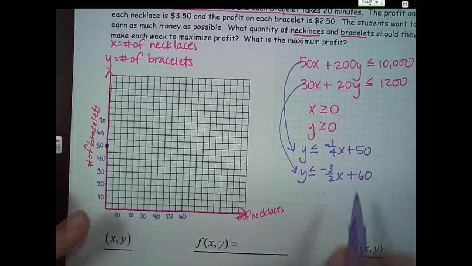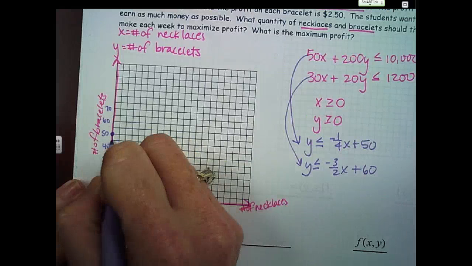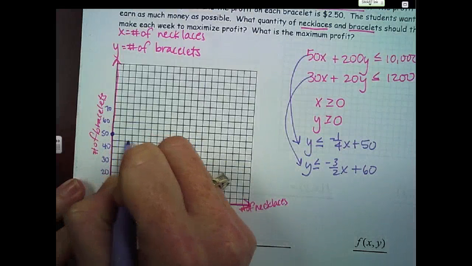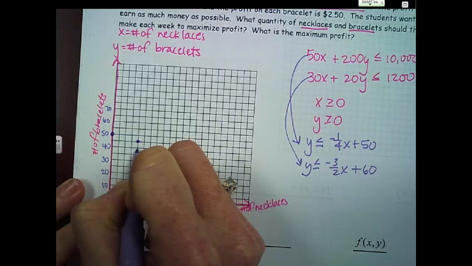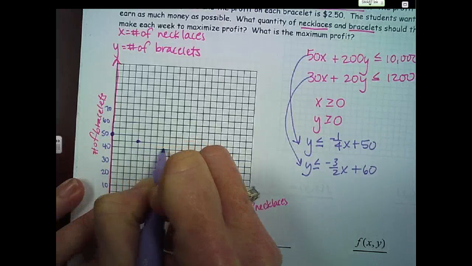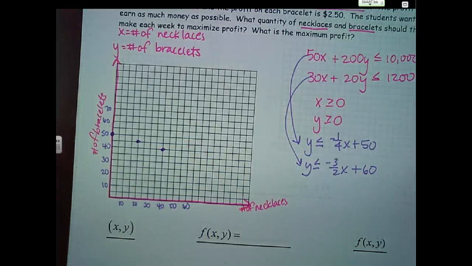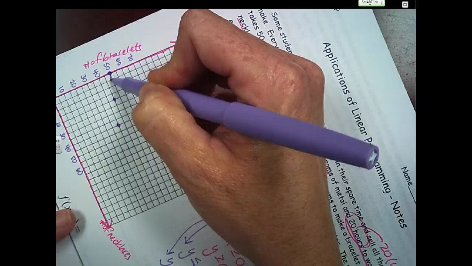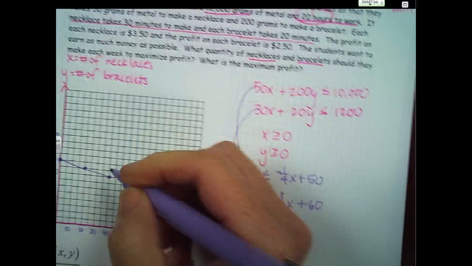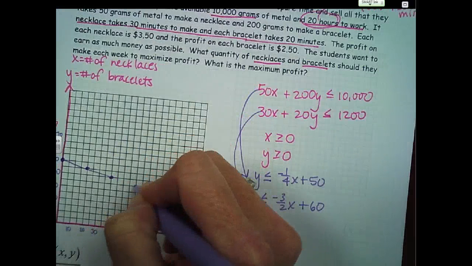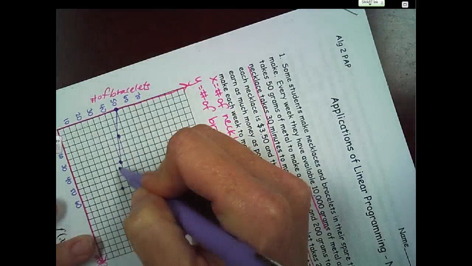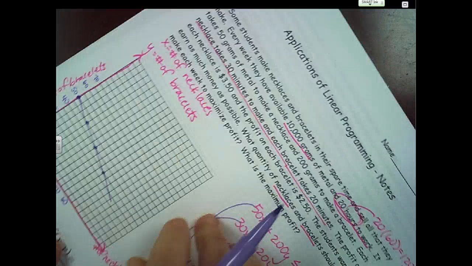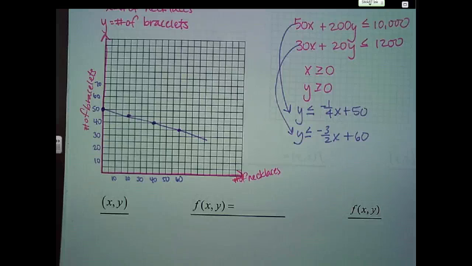Watch. Negative 1/4, I'm going to go down 1 unit over 4 units. Down 1 unit over 4, because I counted by the same unit. It only works, obviously, if x and y are counted by the same unit.